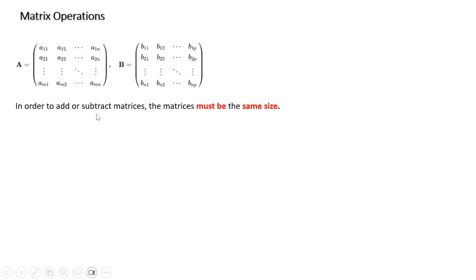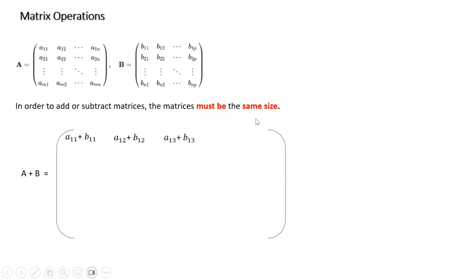But what matters here is that in order to add or subtract matrices, they must be the same size. That's why I put it in red: must be the same size. For example, A plus B means you add each same position from each matrix. It's going to be A11 plus B11, A12 plus B12, and so on.